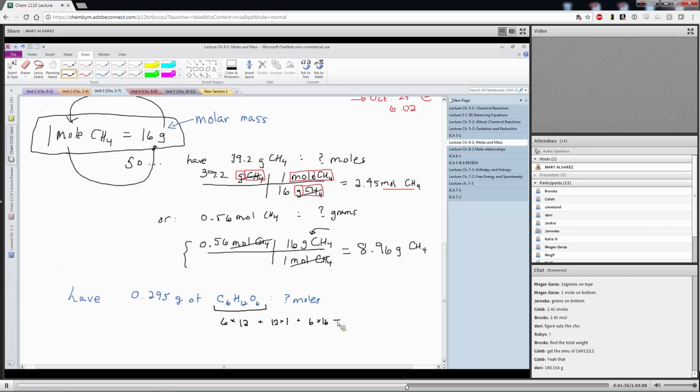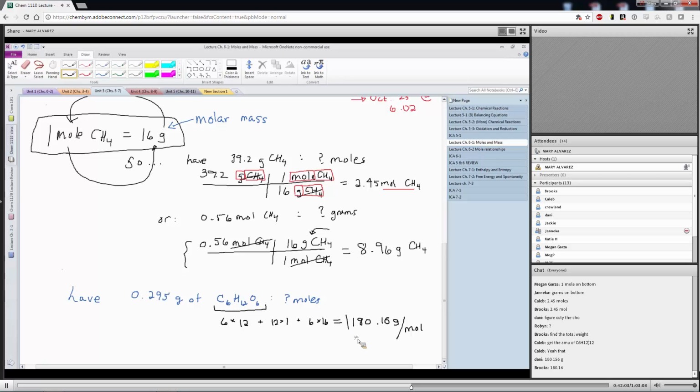Gives me a total mass of, oh, Danny's already done it. Excellent, on top of it. 180, she didn't round hers off, so she has a more precise number. I'll use hers instead of mine. 180.156, or let's do 180.16 grams per mole for C6H12O6. Perfect.